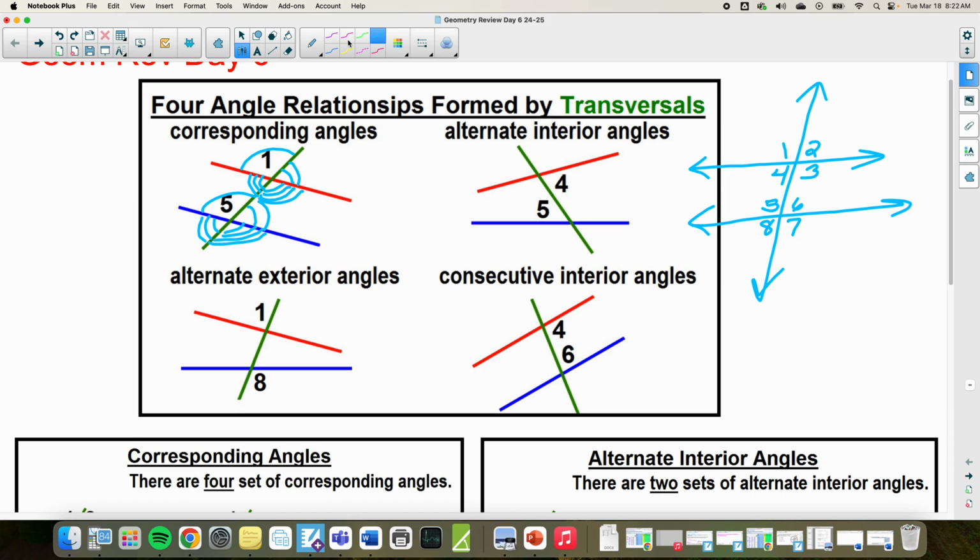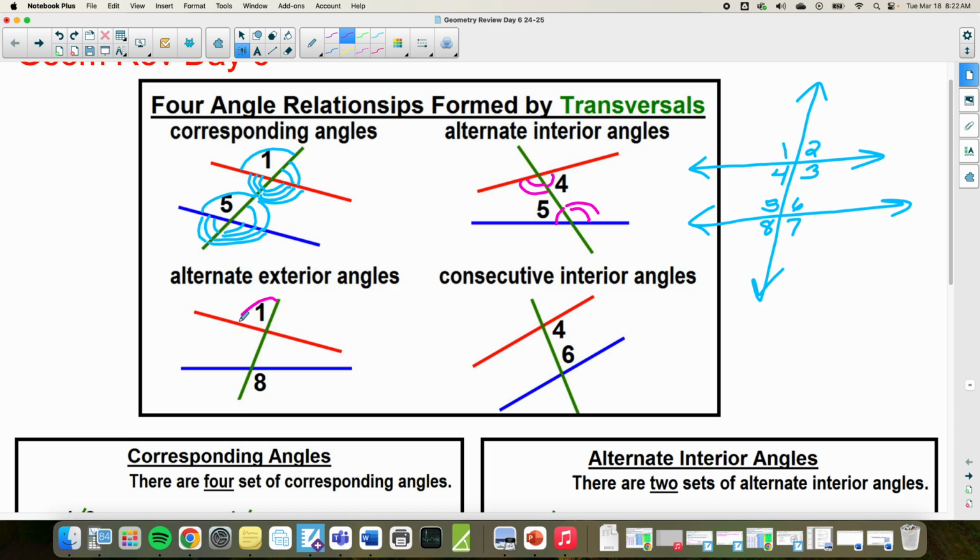Then we had alternate interior. Alternate meant opposite sides of your transversal, and interior meant it had to be inside those 2 lines. So it would be like 4 and 5, or this one and that one. Those are on opposite sides and they're inside. Alternate exterior, you'd have your 2 lines, here's your transversal.